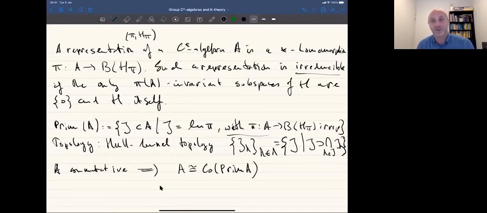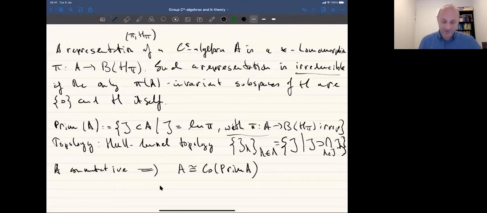Of course, when your algebra is non-commutative, C0 will always be commutative. So there's no hope to expect anything like that, or to even recover your non-commutative algebra from this primitive ideal spectrum is not the way to go.